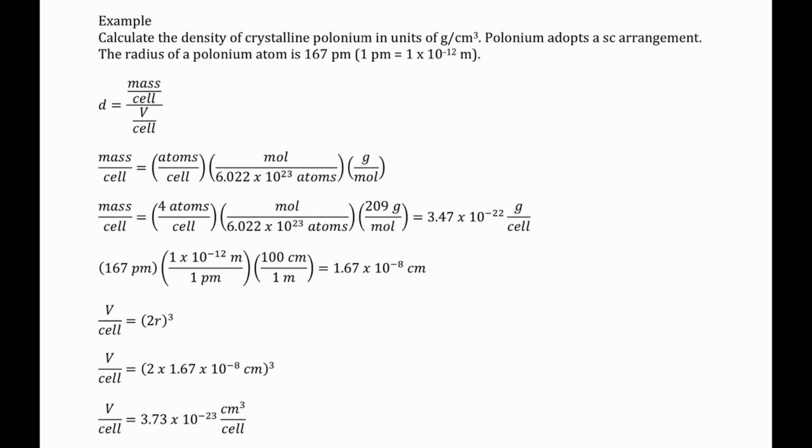So simple cubic means we are multiplying by 1 atom per cell. Oops, I have 4 atoms per cell shown. It should be 1 atom per cell. And then we divide by Avogadro's number, and then we multiply by the molar mass of polonium, 209 grams per mole.